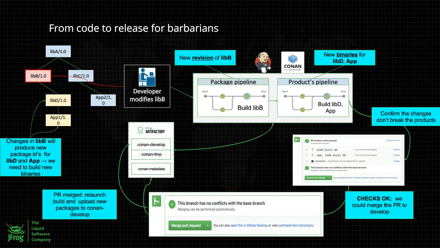During the training, we built a very simple application with a graph of dependencies that you can see on the left of the diagram. There were some libraries, A, B, C, D, and two different applications with a different component graph for each application. The use case was the following.